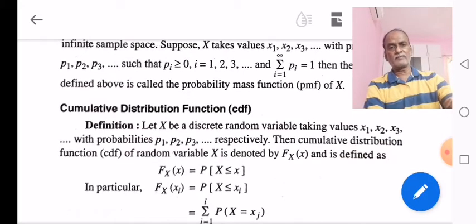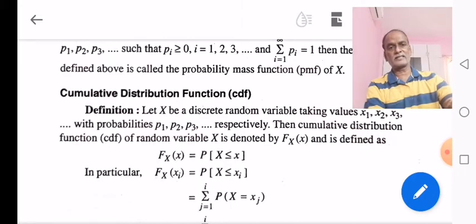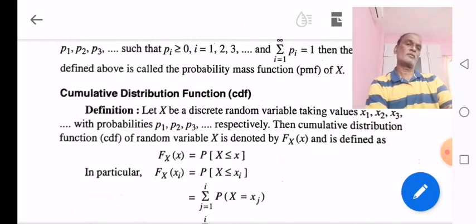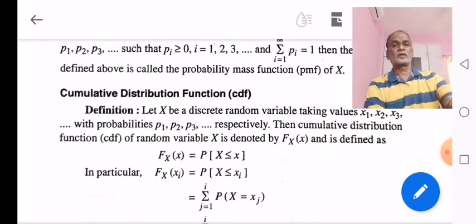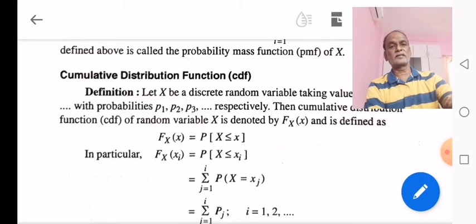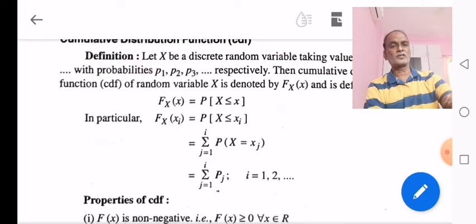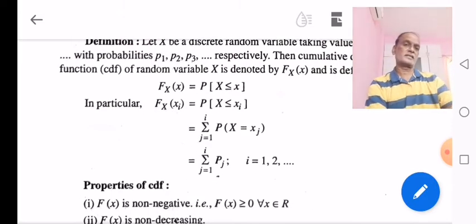At any value we can define it, suppose x takes a value xi, then the probability that X is less than or equal to xi is the summation of all probabilities up to xi, that is, the sum over xj, j from 1 to i. That means for j equal to 1, the probability of X equal to x1, plus the probability of X equal to x2, up to the probability of X equal to xi. Addition of all such probabilities gives you the CDF. Shortly we can write it as the summation of pj, j from 1 to i.